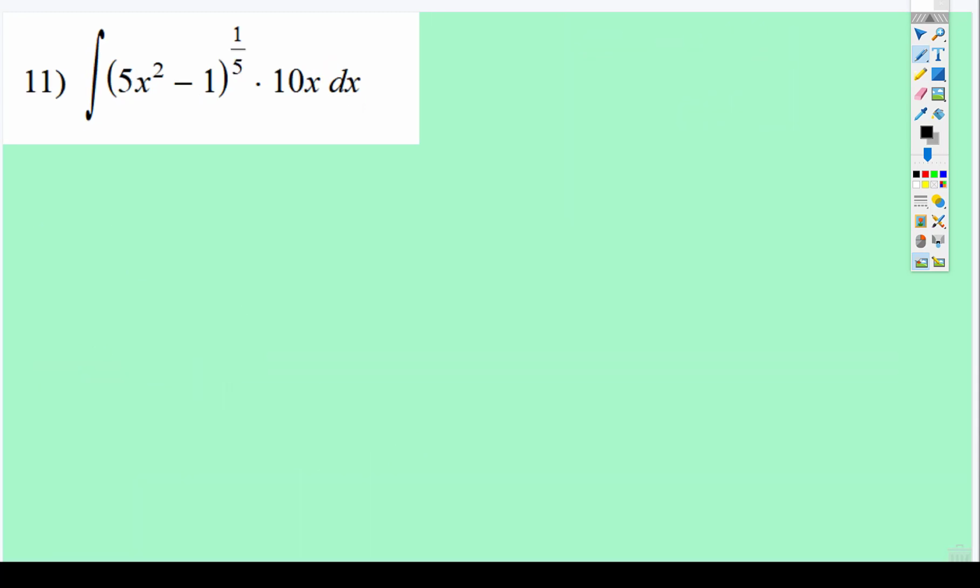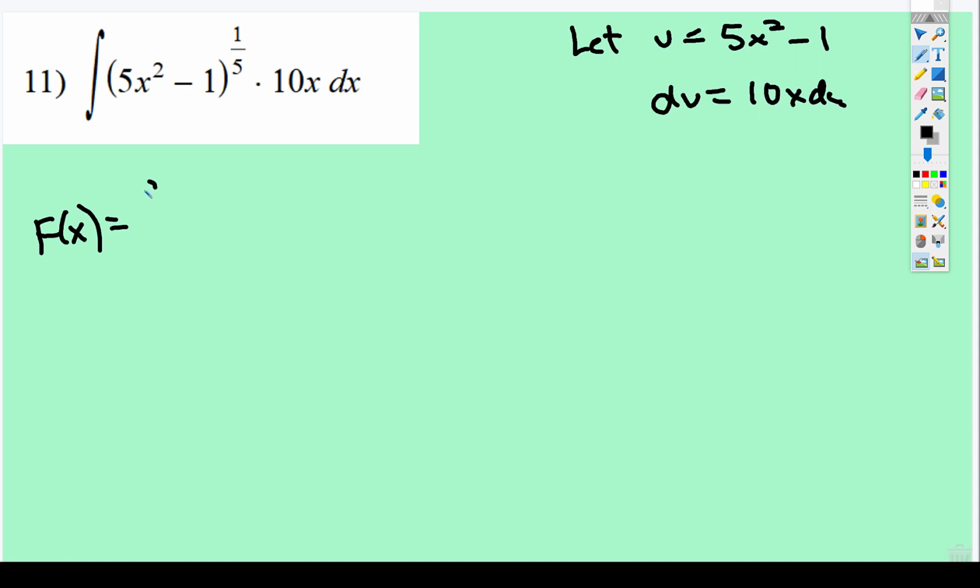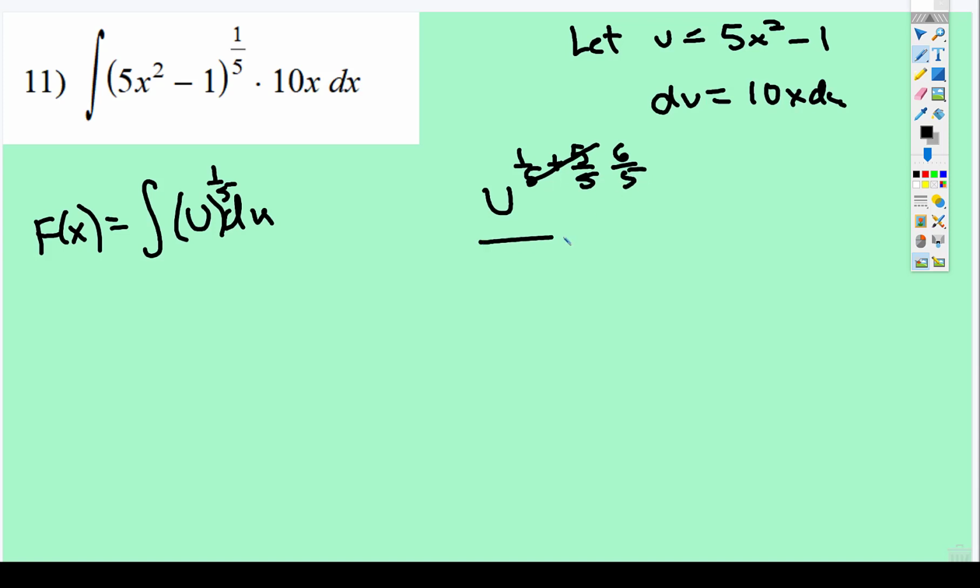All right, let's do another one. So we're going to let u equal, inside the parentheses underneath the power, 5x squared subtract 1. du is 10x dx. Perfect. So now we just have u to the 1/5 du. Well, u to the 1/5, when we add 1, I'm going to write 1 as 5 over 5. So that's 6 over 5. Then we'll divide by 6/5, but we don't want this denominator.